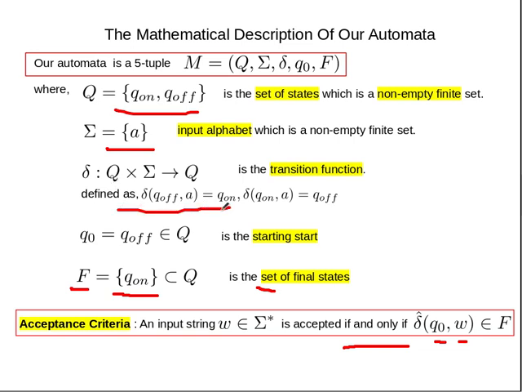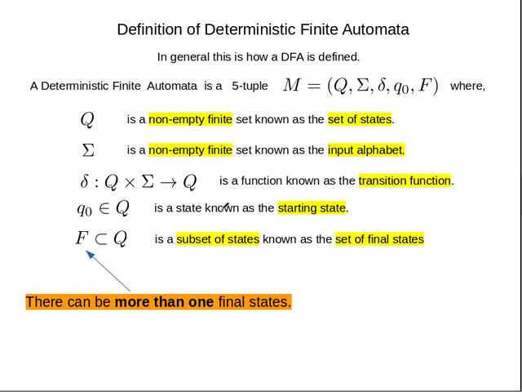In general, a DFA is this 5-tuple, where Q is a non-empty finite set. This is very important because we are talking about finite automata, and each element in this set will be known as a state. So this is a set of states. Again, this is a non-empty finite set, this sigma. We take as some alphabet, and the elements are symbols.